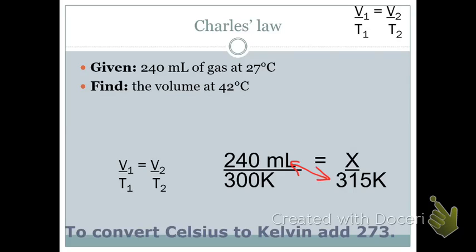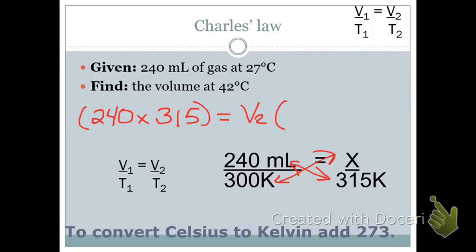I'm going to put my 240 times 315, and that is going to be equal to my V2 times 300, which is my K.